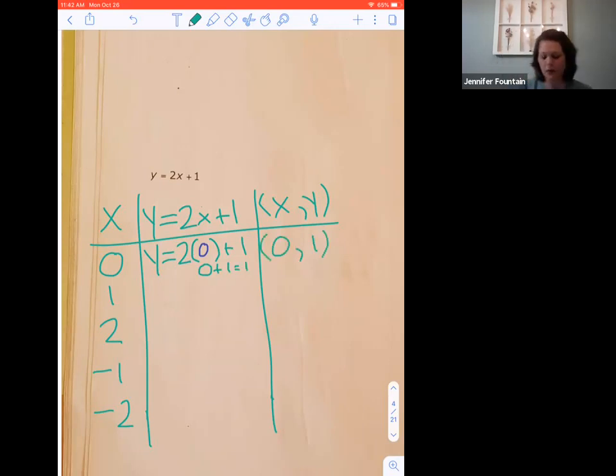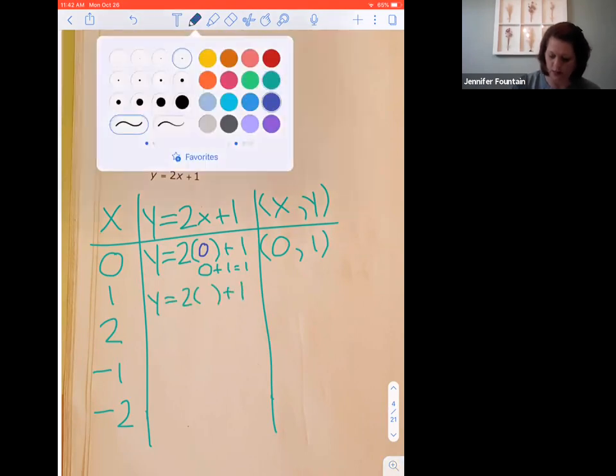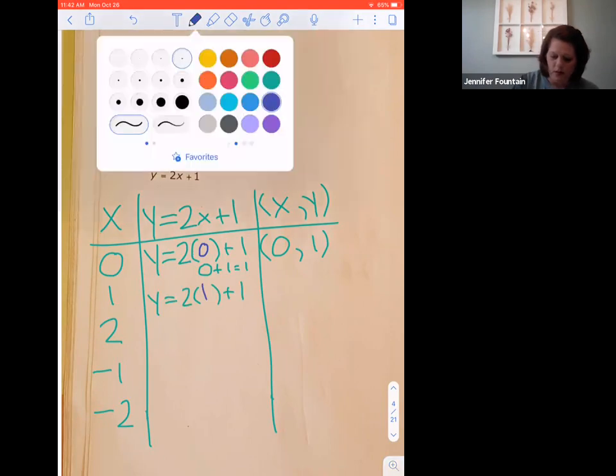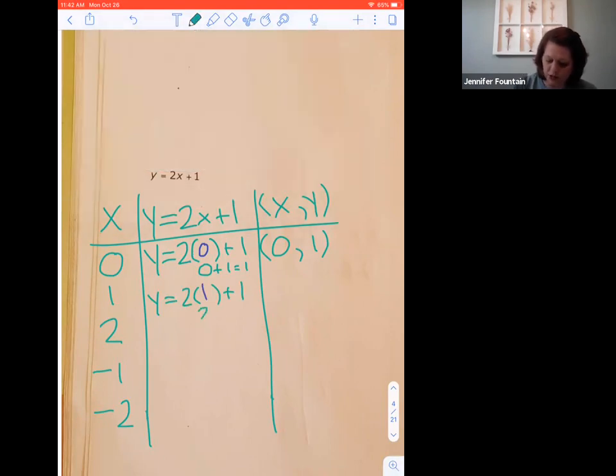If x is 0, then y equals 1. The next one, y equals 2 times, plug in 1. 2 times 1 is 2. 2 plus 1 is 3. So if x is 1, y is 3.